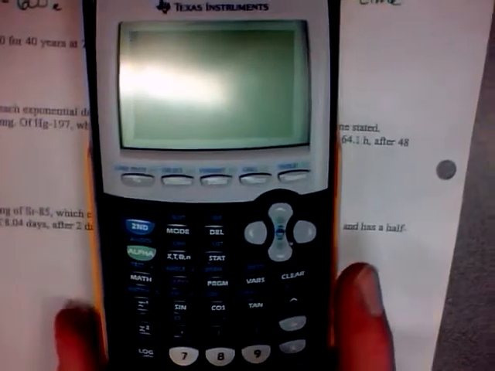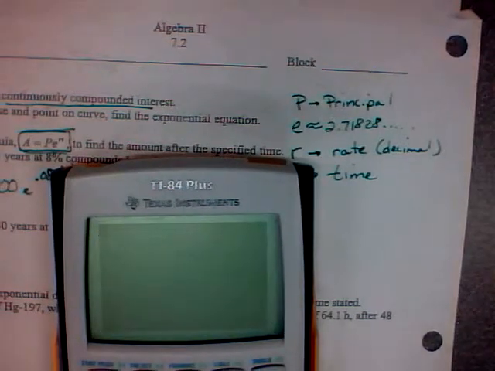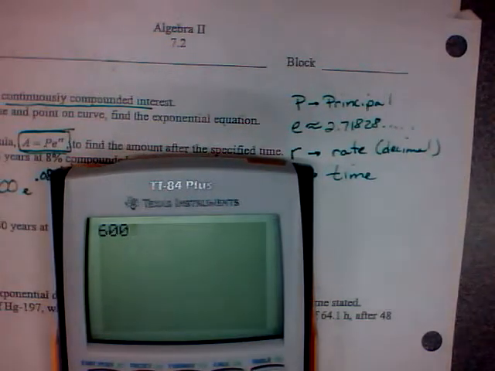Okay. So on that key, you are going to use that to get your expression in here. So we're going to type 600, then you're going to hit second, and the LN key, which again is just to the left of the number 4 key. It's on the second function.